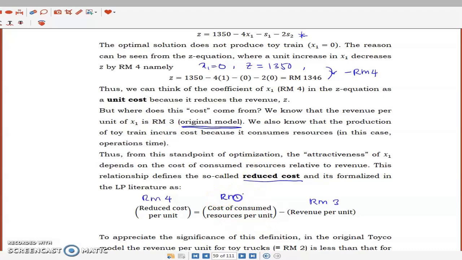It is 7 ringgit. We can see that the cost used to produce a unit of toy train is higher than the revenue. That's why we get the reduced cost of this toy train as 4 ringgit.